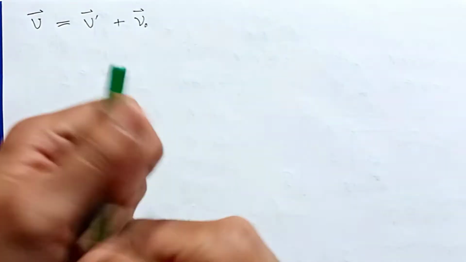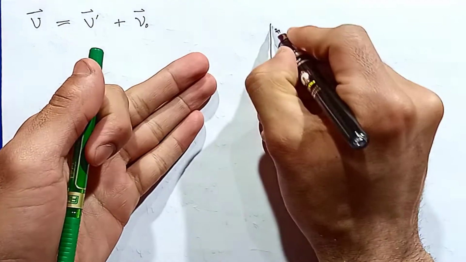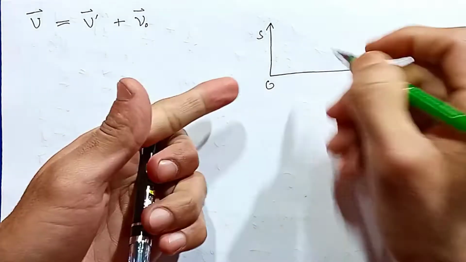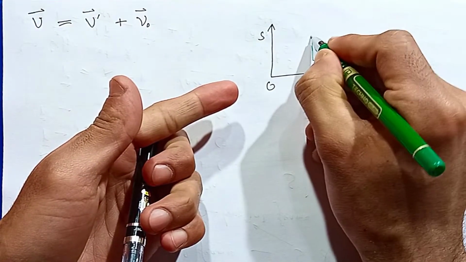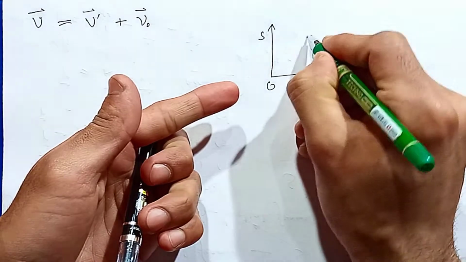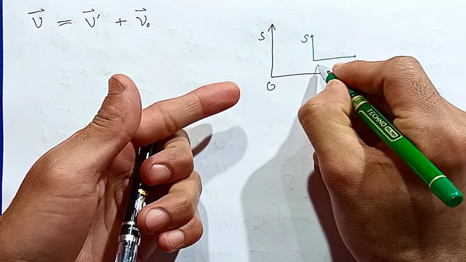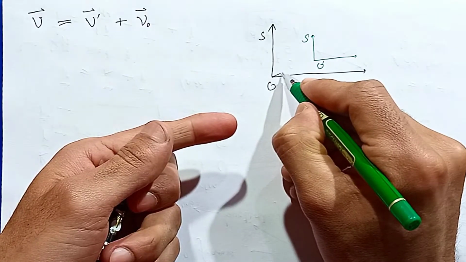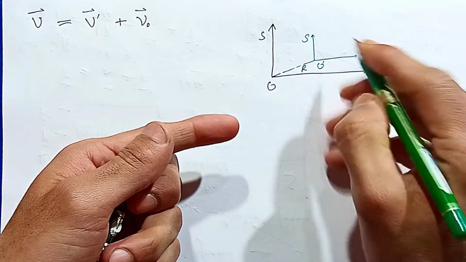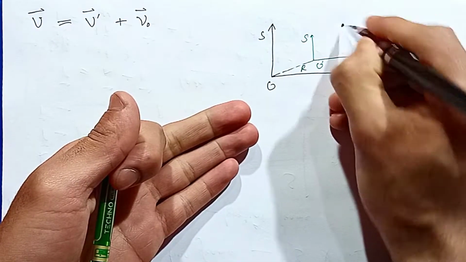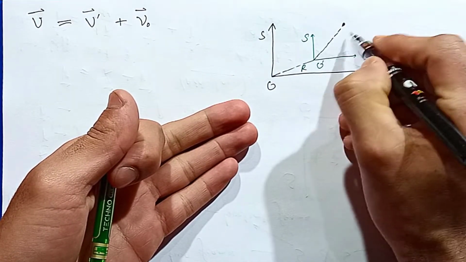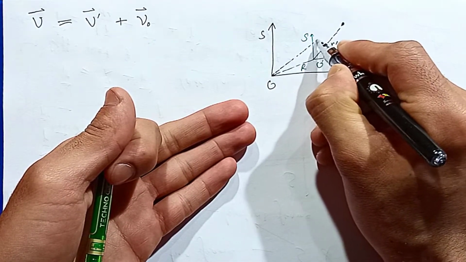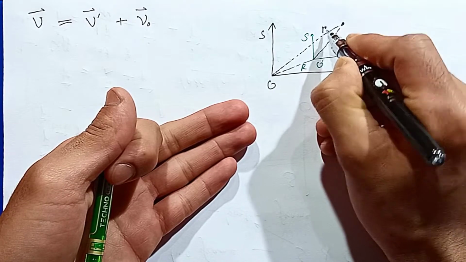I have drawn this: S prime is the frame of reference with origin O, and this is S, whose origin is O prime, so its position vector is R, and a point considered here has position vector r prime with respect to this frame, and with respect to the inertial frame of reference its position vector is r.